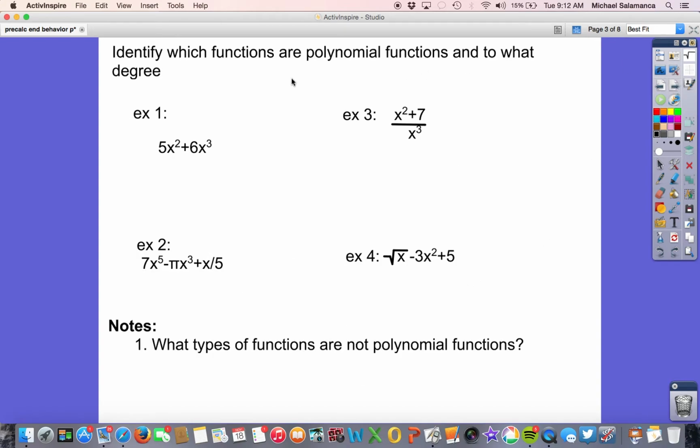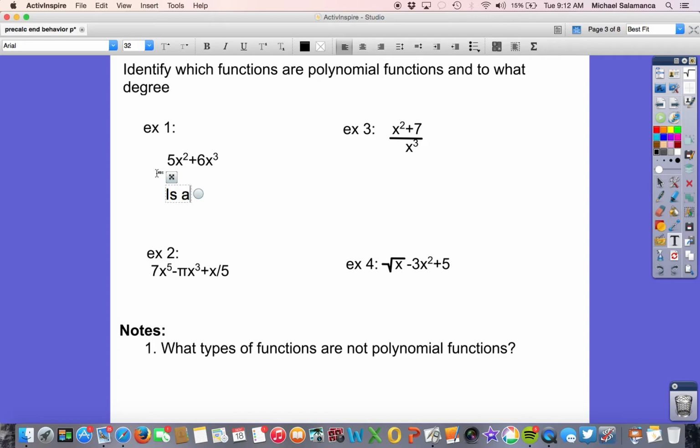So let's look at these examples and identify which functions are polynomial functions and to what degree. In example 1, 5x squared plus 6x cubed is a function which has a degree of 3. Now this is a function because all of your x values are on the numerator. It's a degree 3 because your highest exponent is 3.